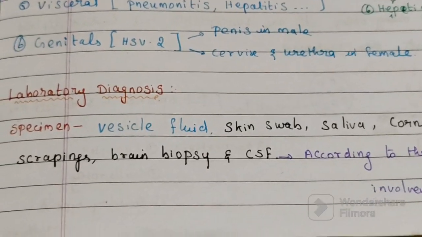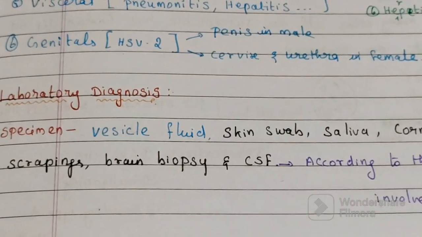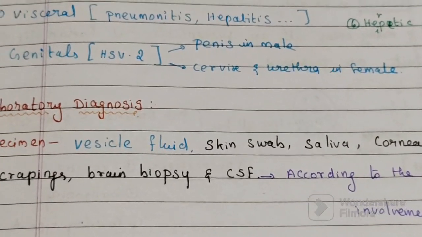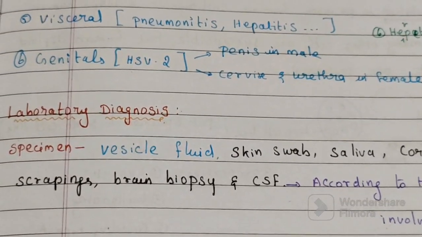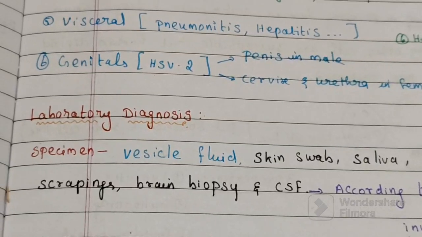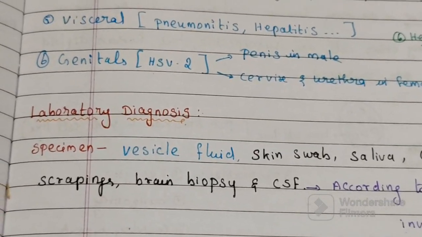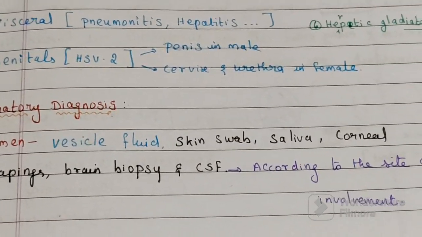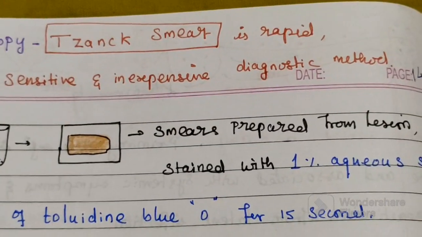There are four methods. First is microscopy. Second is virus isolation. Third is the PCR method. Fourth is the serological method.